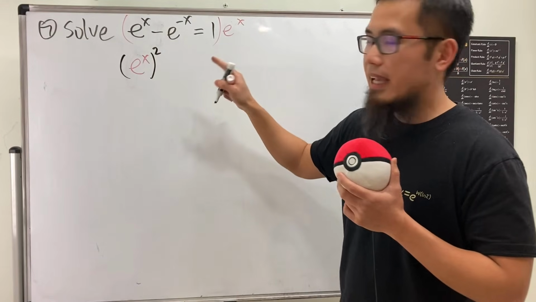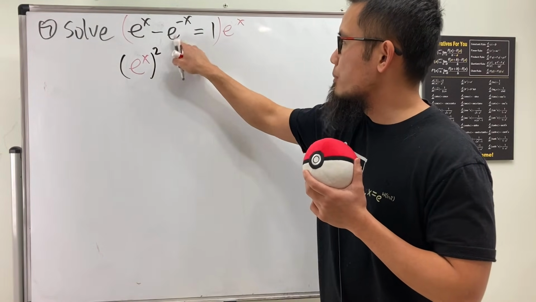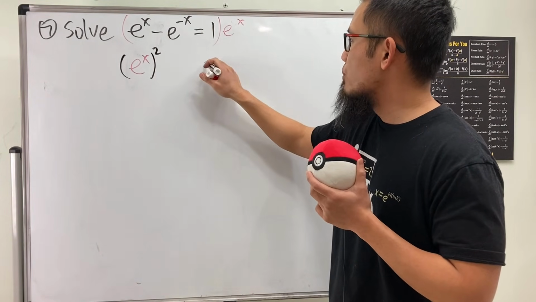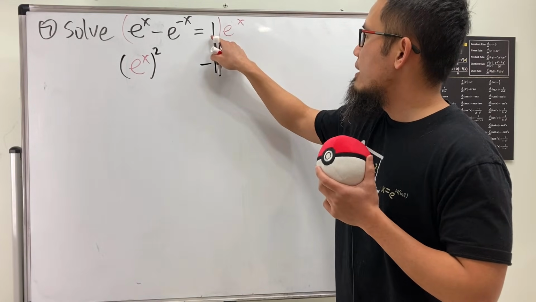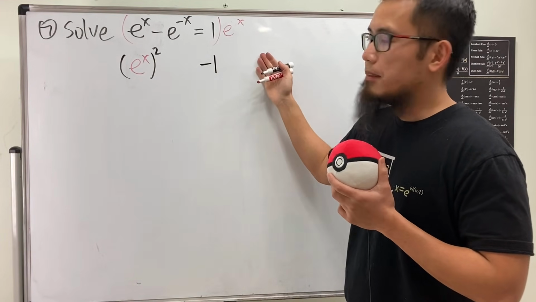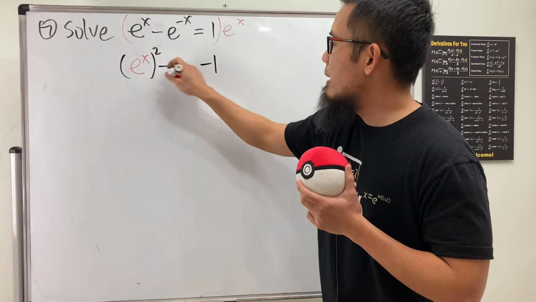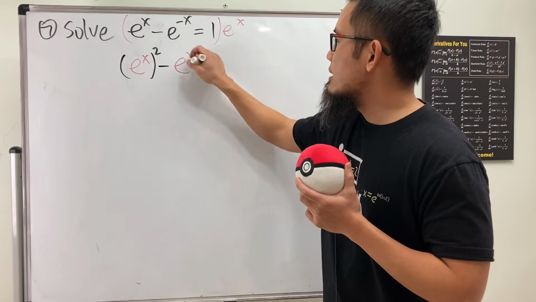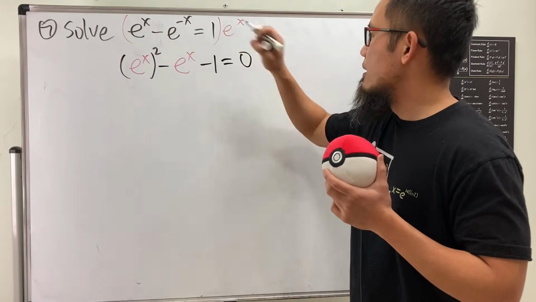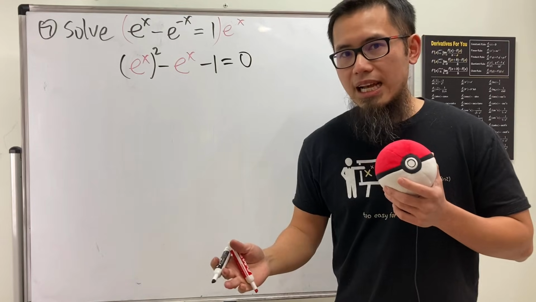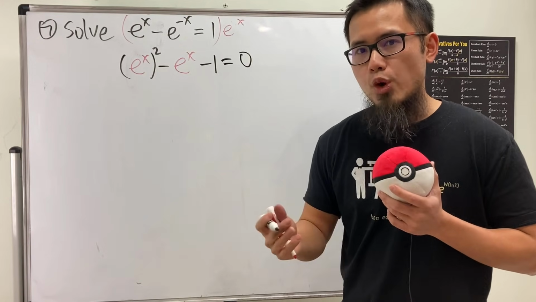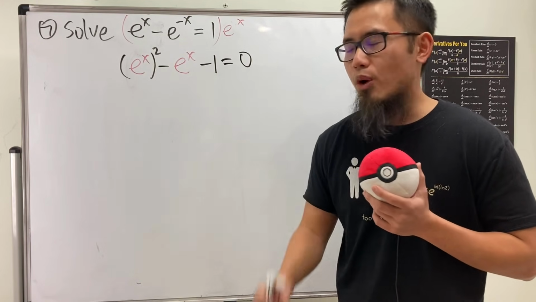And then this times that is just going to be minus 1. So I'm going to write it down like this. And then 1 times e to the x is just e to the x. But I will bring that to the left hand side. So we have minus e to the x, like this.